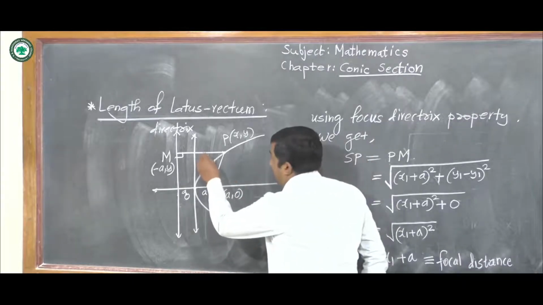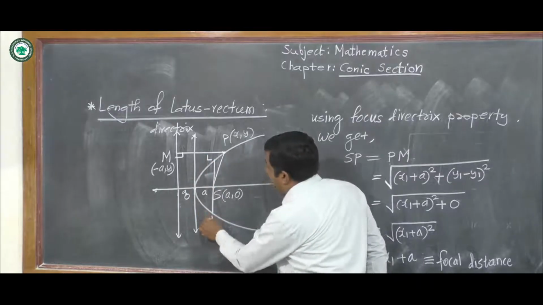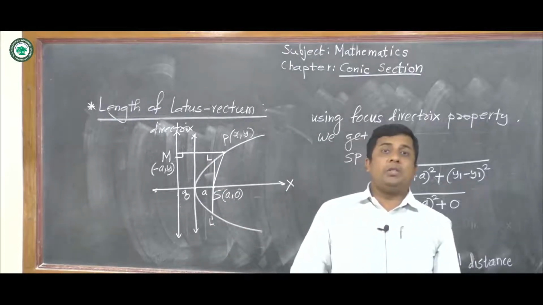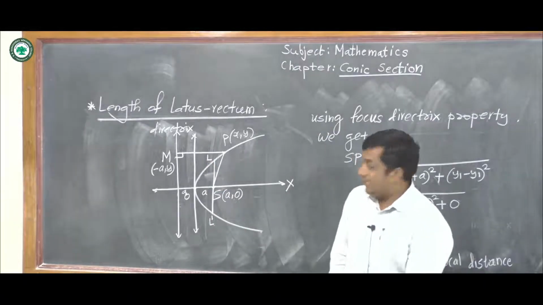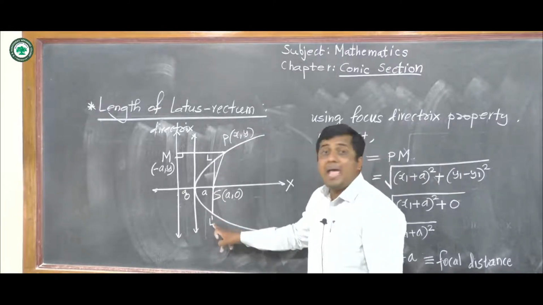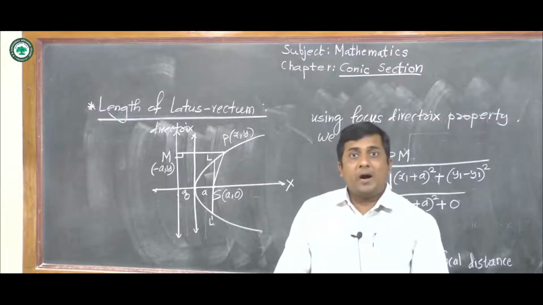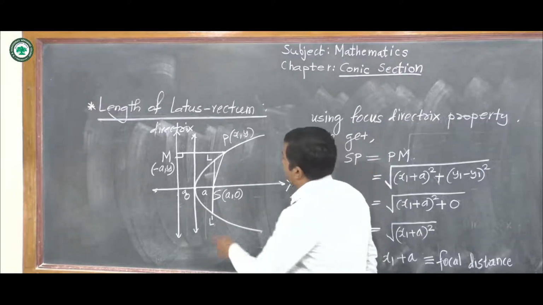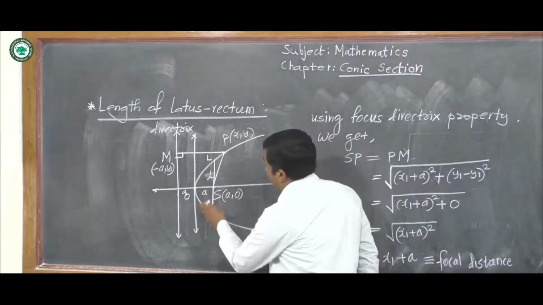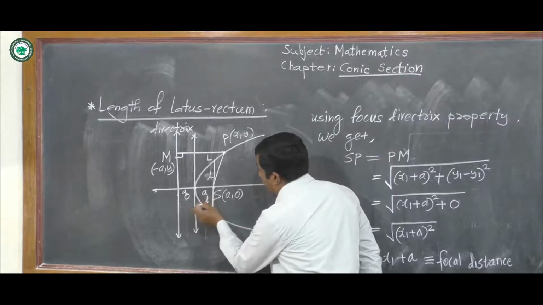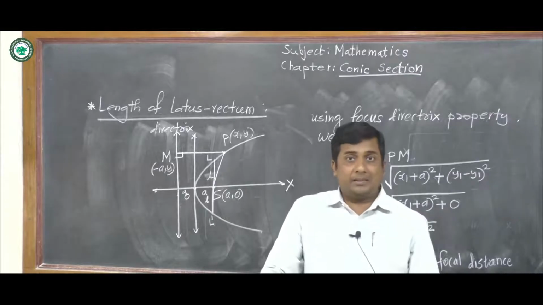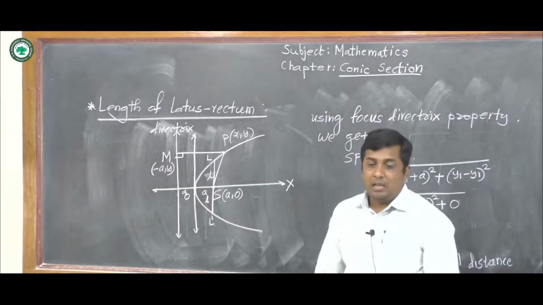So here the end points of the latus rectum are L and L dash, and we have to find the length of this latus rectum, LL dash. To define it, we consider the distance LS as l, and L dash S as l; both have the same length.